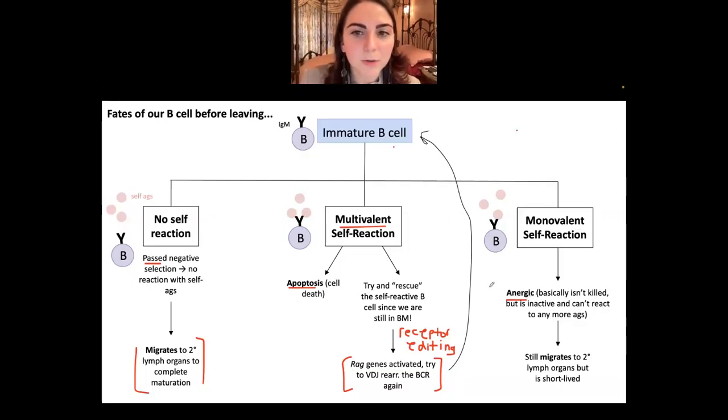You don't kill the B cell, but it can never be activated. So it can never bind to antigen ever again. I'm actually not really sure why anergy is a thing. It becomes anergic and then it's allowed to leave and go to the secondary lymphoid organs, but when it gets there, it ends up dying pretty fast. So again, I don't know what the point of anergy is.